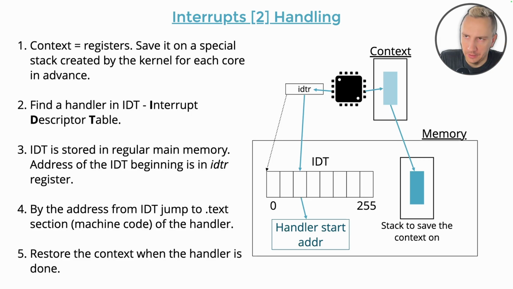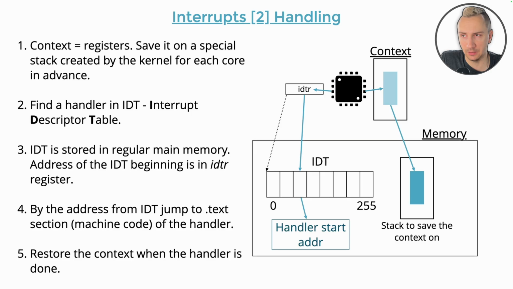It's very simple. This table, IDT, having 256 values in it, addresses of the handlers, it's having some numbers reserved by the hardware, so the kernel cannot change them to any other purpose. For instance, debugging would be interrupt number 3, or page fault would be number 14, or the zero division will be number 0, the first handler in the array, or some other very hardware specific things.